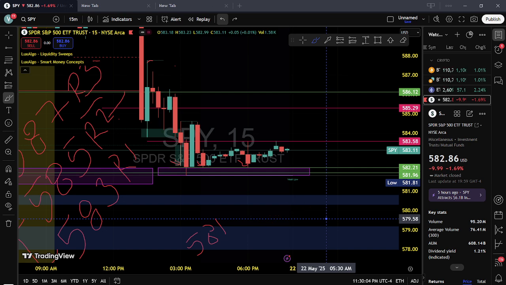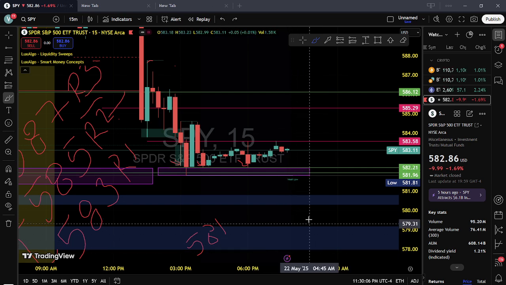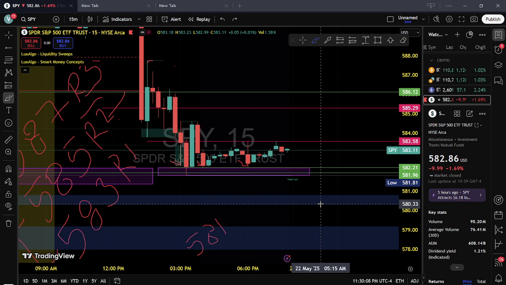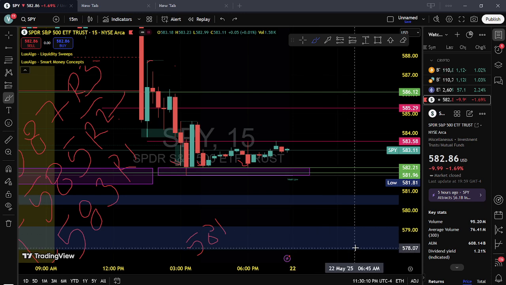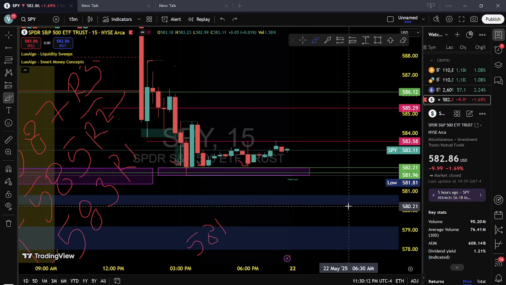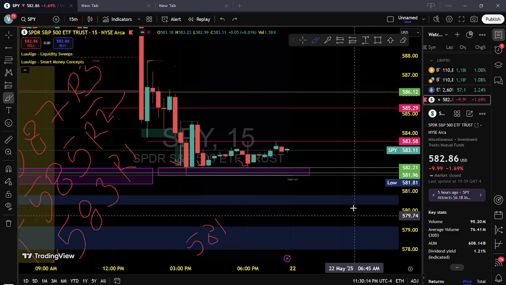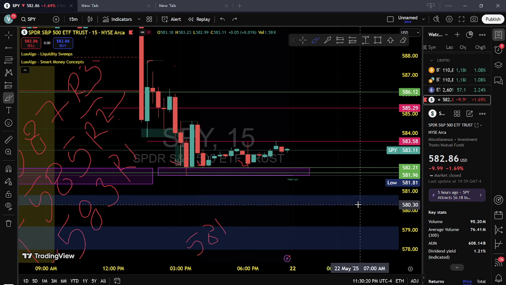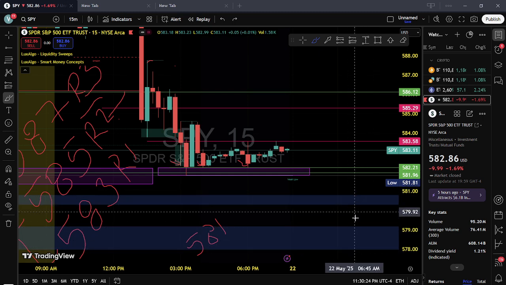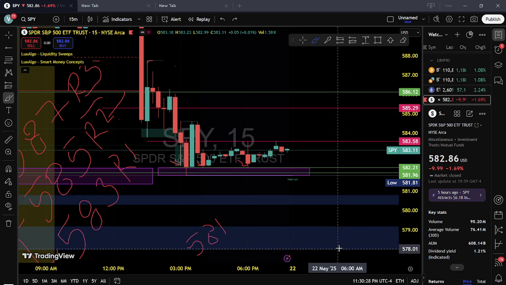All right, below that we can see 580.33, and then the last support is this particular zone from 580. So 581, 580, and then this is the entire zone, right? So I can just say this is all your supporting zone.